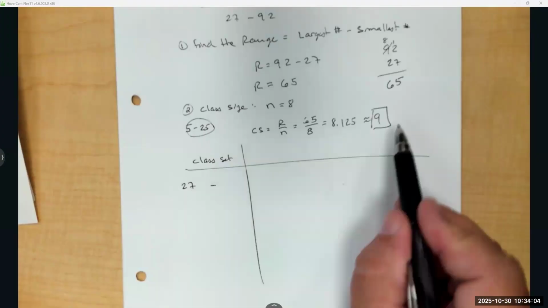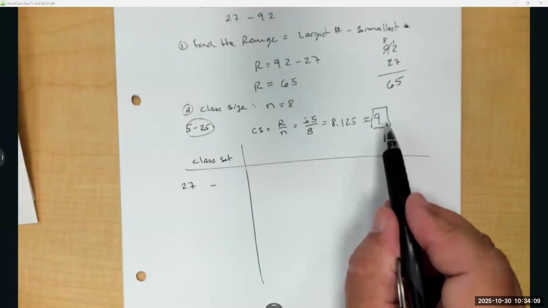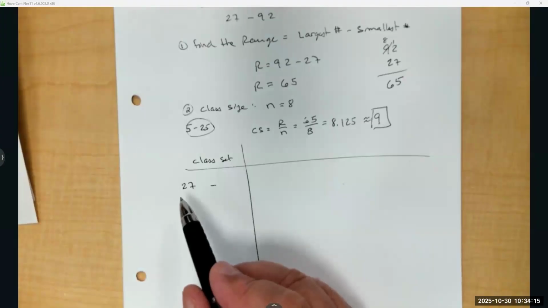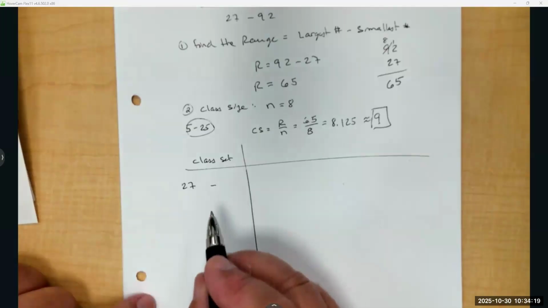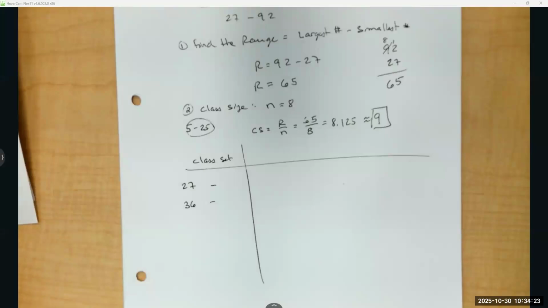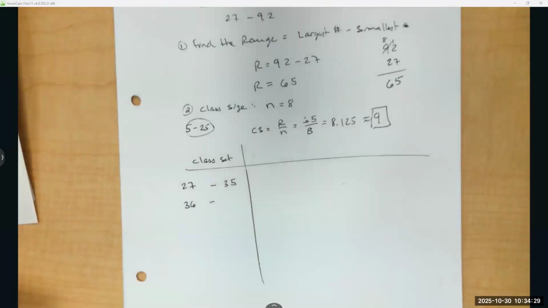If we add 27 plus 9, what do we get? 27 plus 10 is 37. 37 minus 1 is 36. That's where the next class starts. So this one stops at 35.